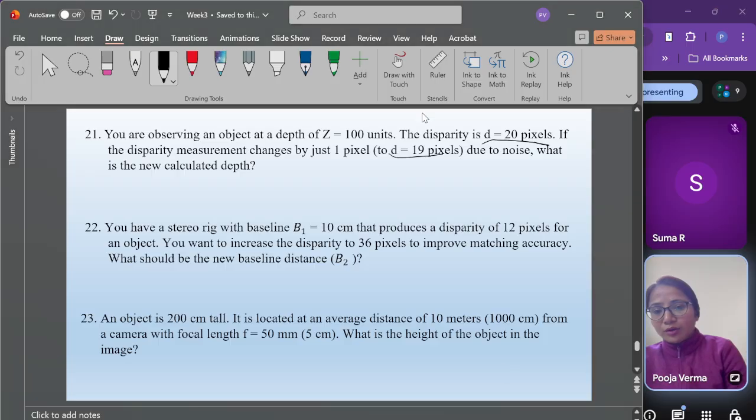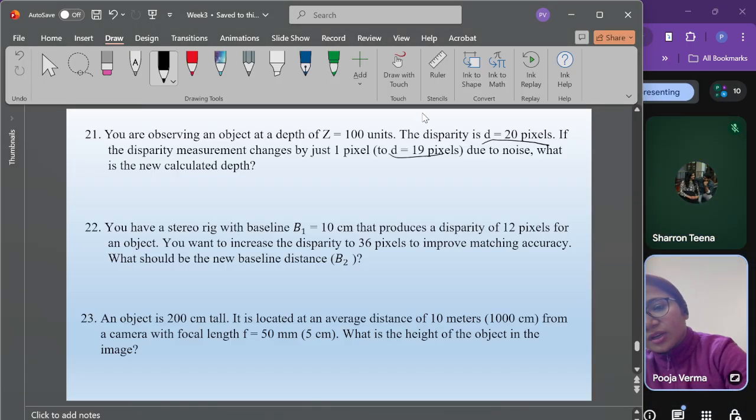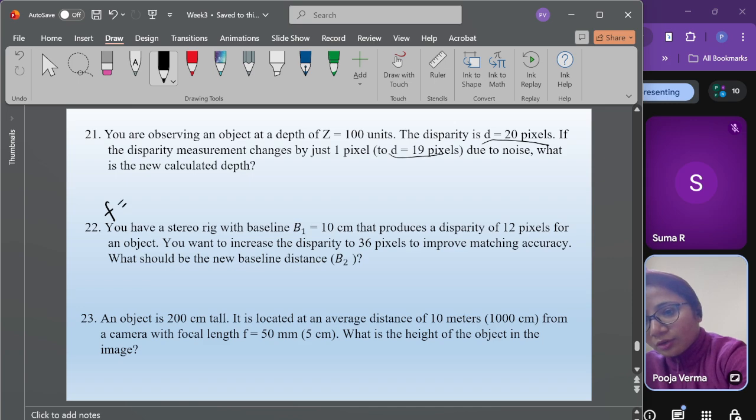So already we know that formula, the relation between the depth, disparity, focal length and baseline. Z is equal to F into B divided by D, right? Here Z and D are given.